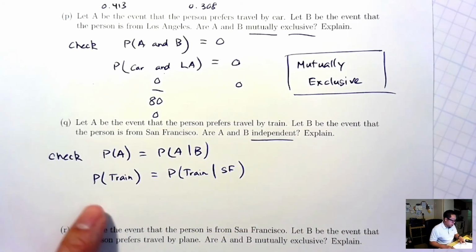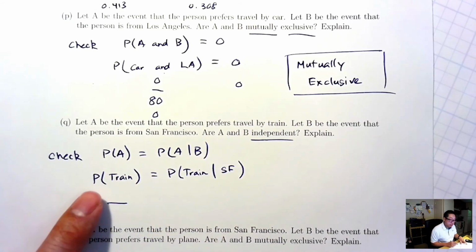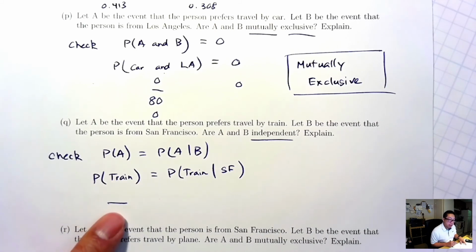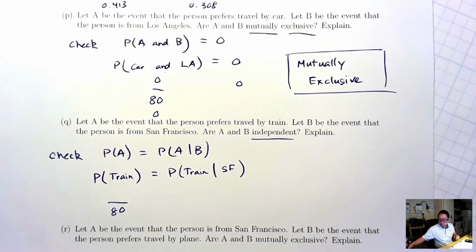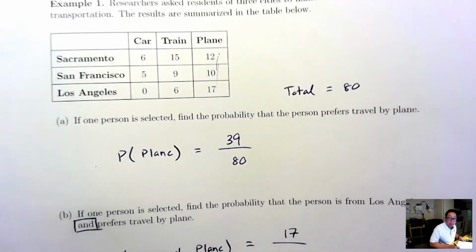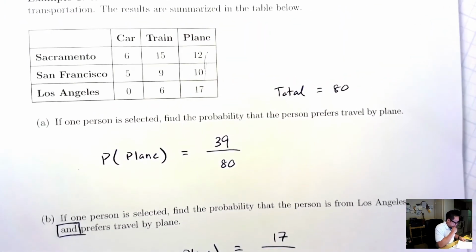All right, so check the left side, check the right side. Left side is probability of train, so that should be regular probability of train. The bottom's going to be everybody, which was 80. And then how many people like train? Train was 30.